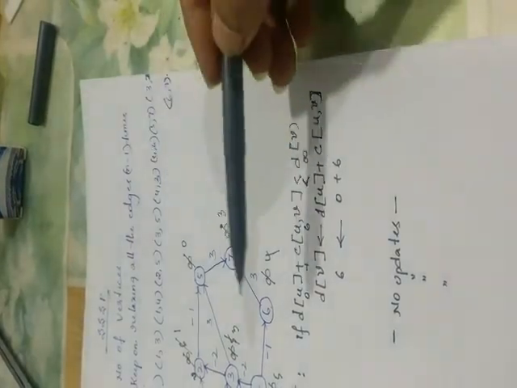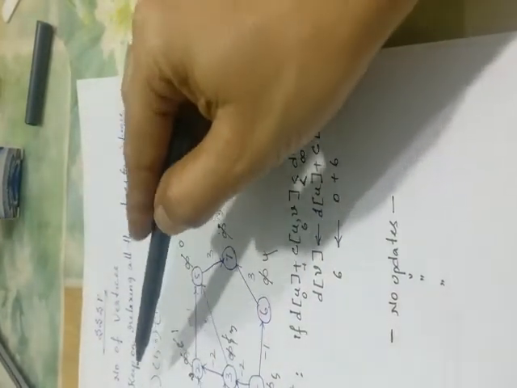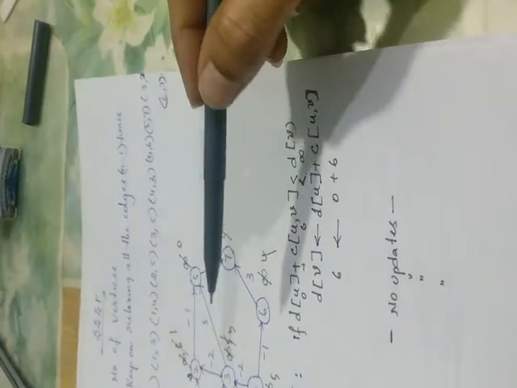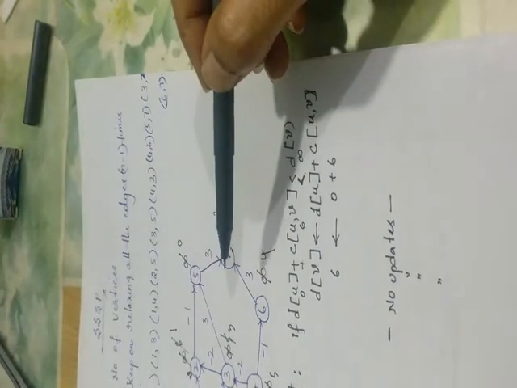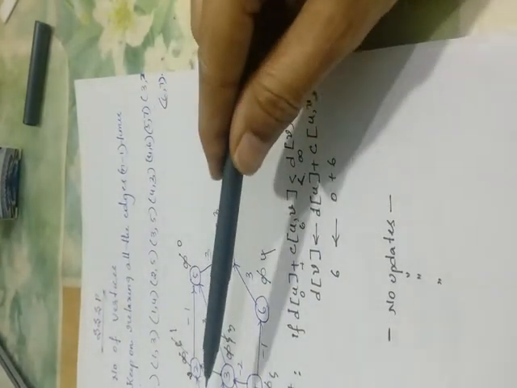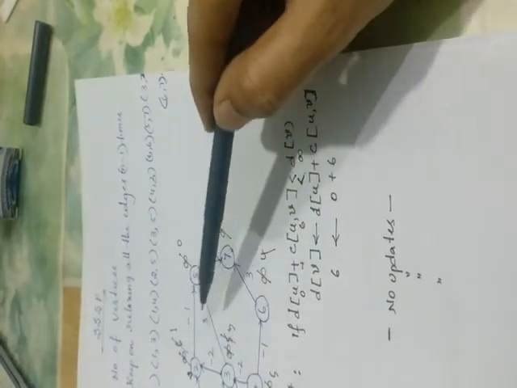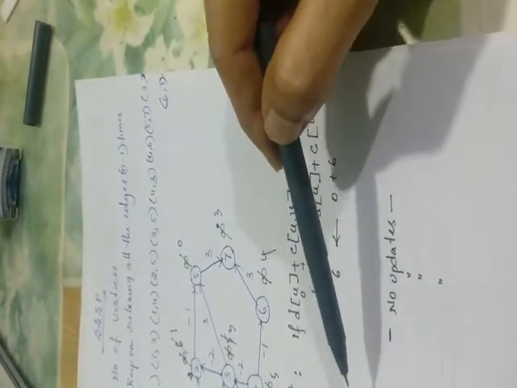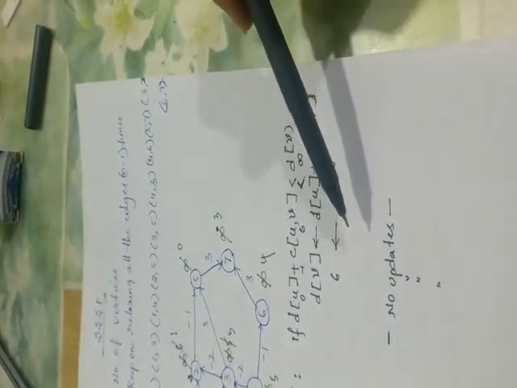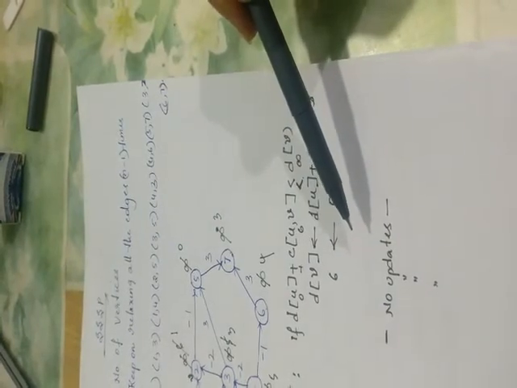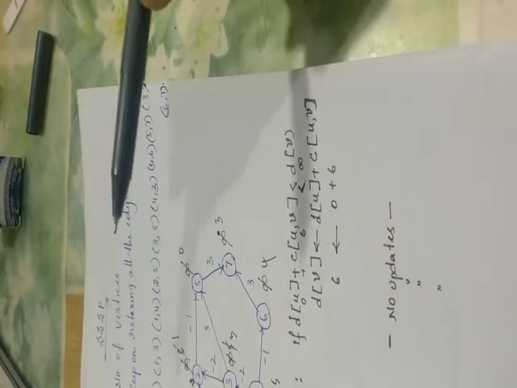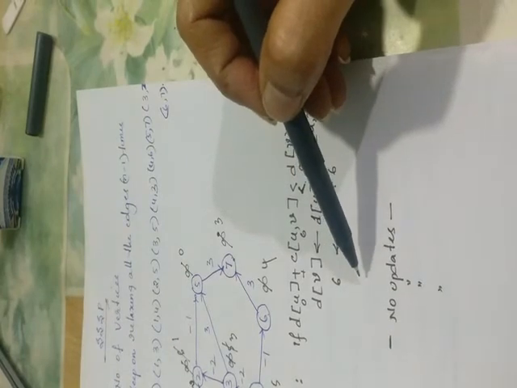This is the list of edges that I have covered. Suppose you would have covered the edges in a different order, maybe you would have got the changes even in the second iteration. Here there are no updates in the second iteration itself.